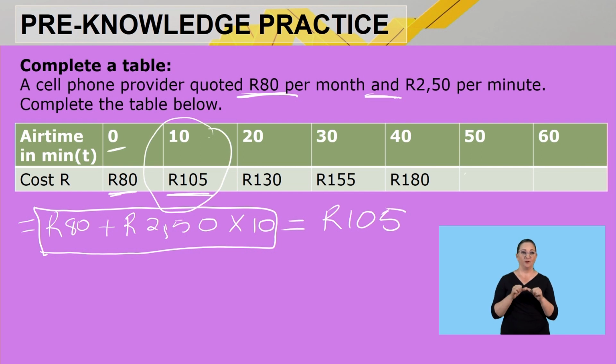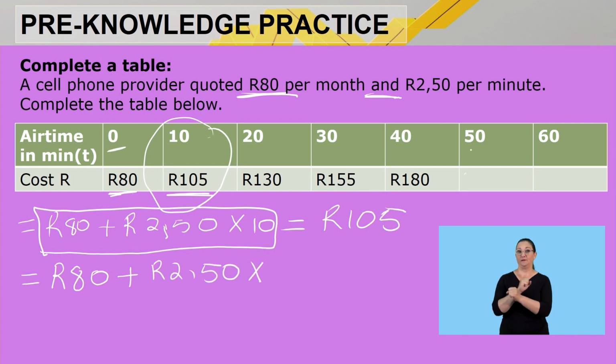Okay, let us continue by finding the other two missing values. We are having the same procedure or the same formula, which is 80 rand as our standard rate plus 2.50 multiply by 50, because we have used 50 minutes.